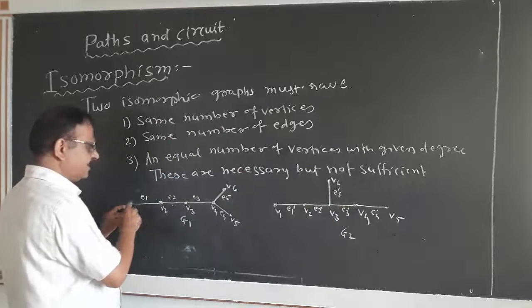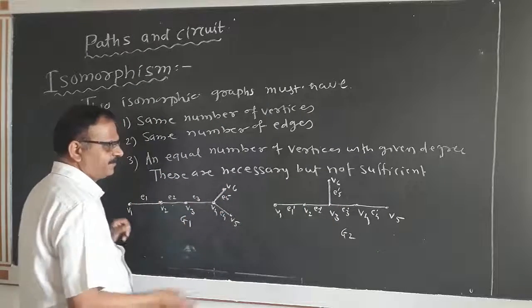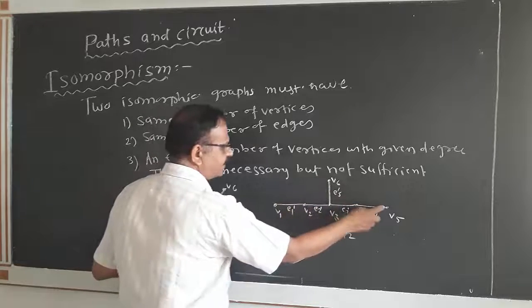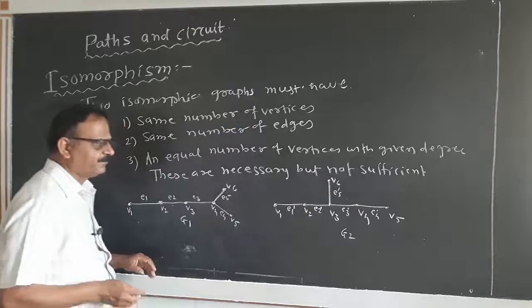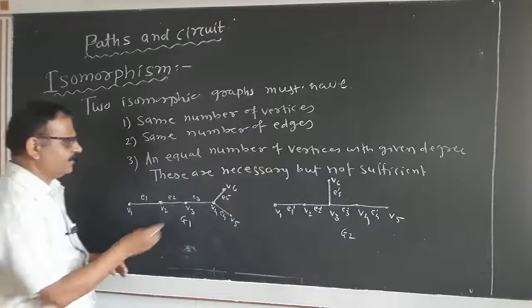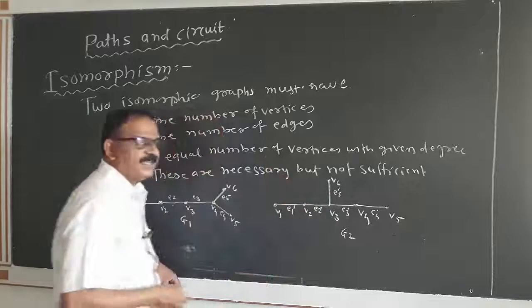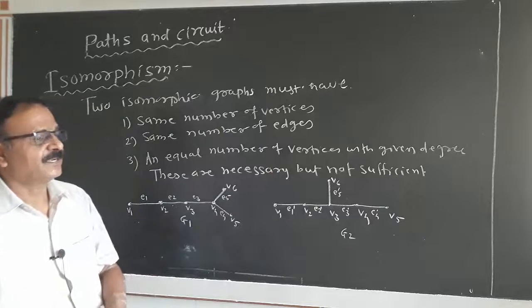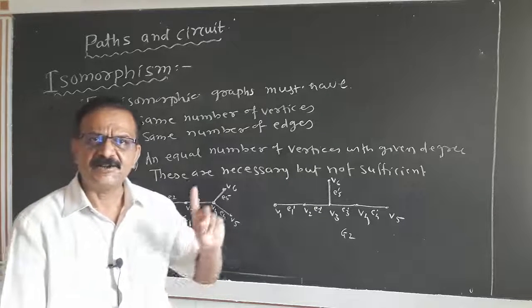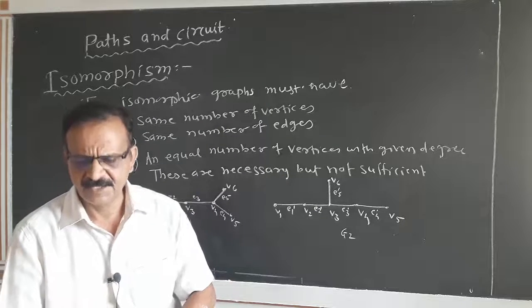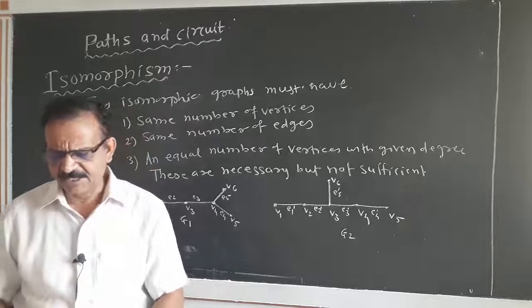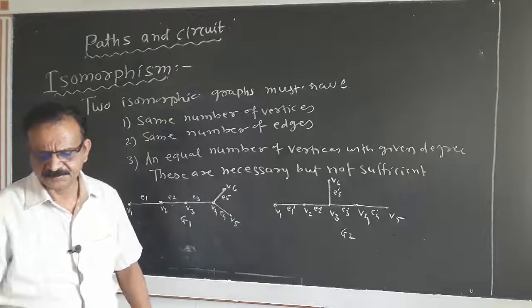There are 3 vertices of degree 1 in G1 and 3 vertices of degree 1 in G2. And there is 1 vertex of degree 3 in each. That means there are the same number of vertices of a given degree. Thus all 3 conditions are satisfied.